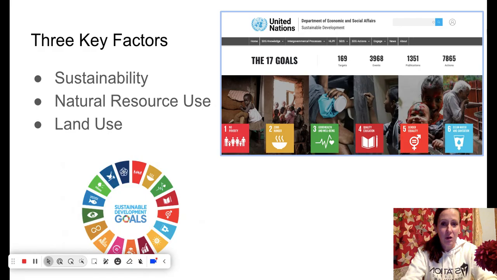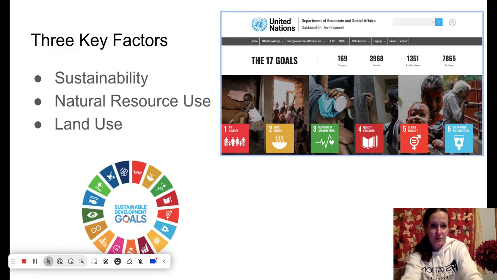And their goals all deal with things to be sustainable. So think of what you've learned about in science class, right? And to sustain something, it means you're satisfying things now, but it's not going to be temporary, right? There's going to be options in the future. How we use our land and our resources would be the other two factors.